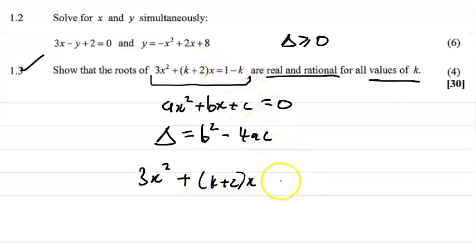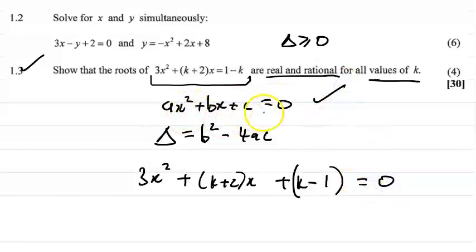So we're going to get plus k minus 1. Remember, plus times k is plus k, and plus times minus 1 is still minus 1, equals 0. So we've achieved our first step, which is writing the standard form of a quadratic equation.